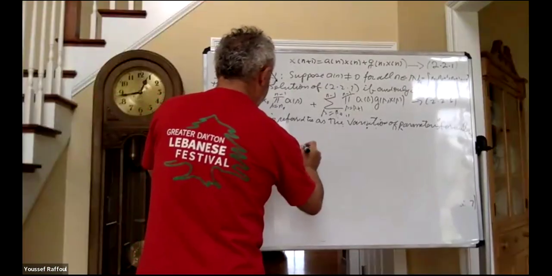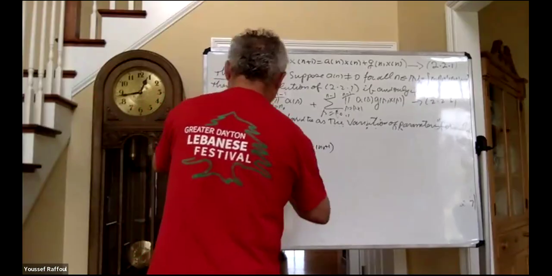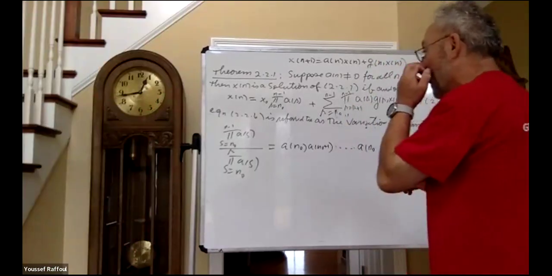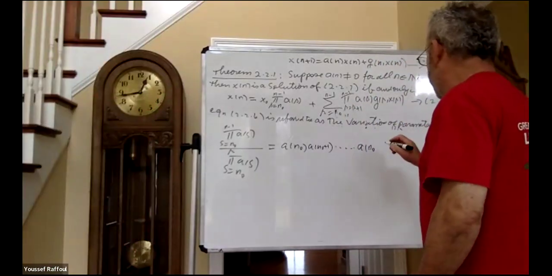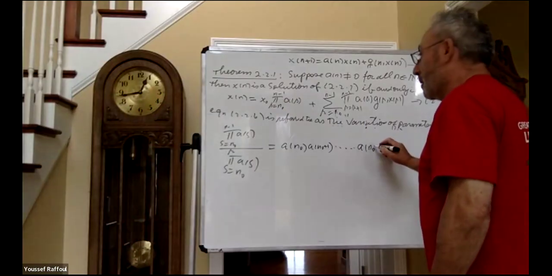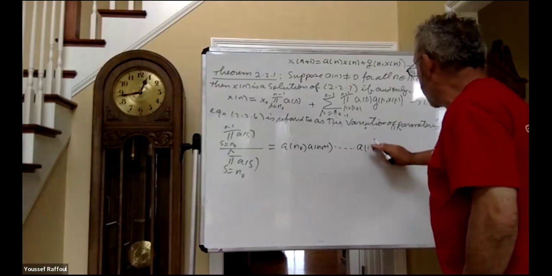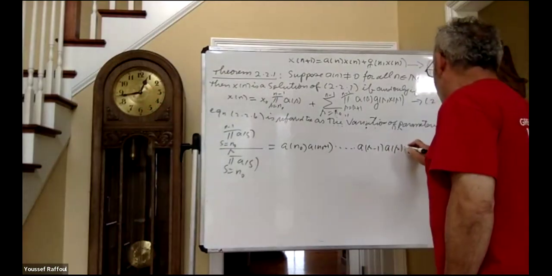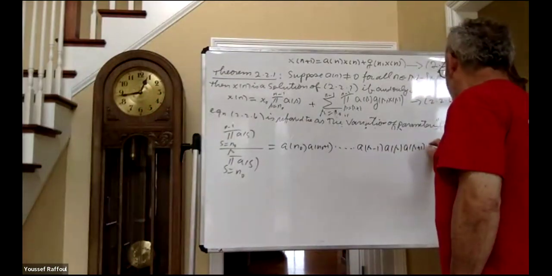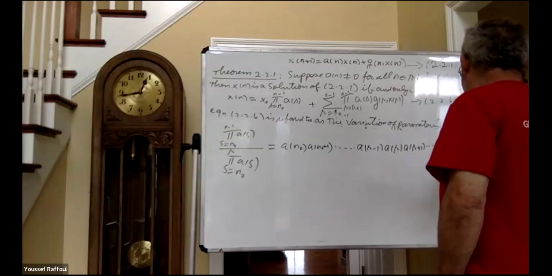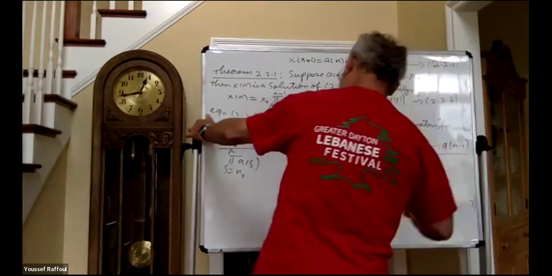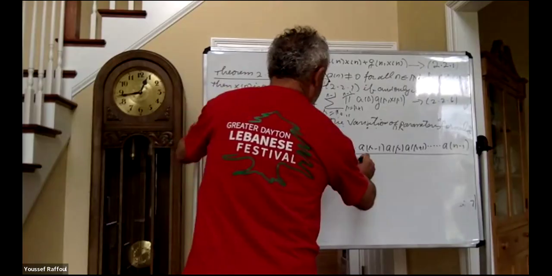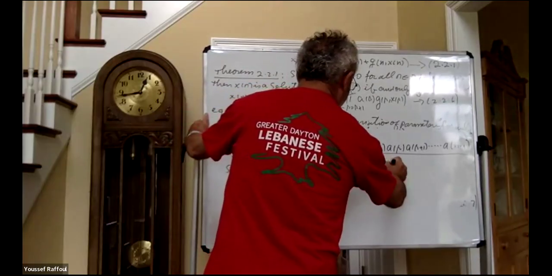That is equal to a_n naught, a_n naught plus 1, and so on, all the way to a_(r-1), a_r, a_(r+1), all the way to a_(n-1), divided by a_n naught, a_(n naught plus 1), up to a_(r-1), a_r.